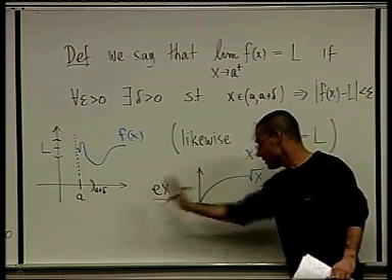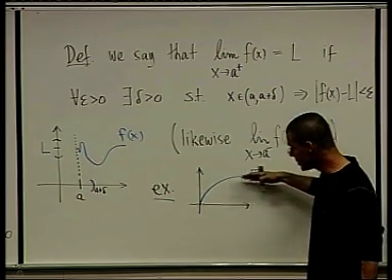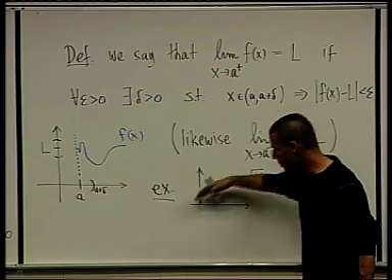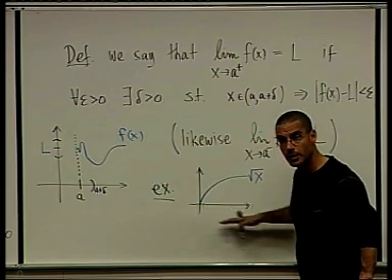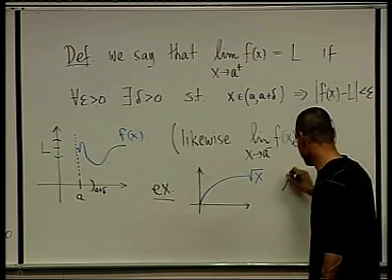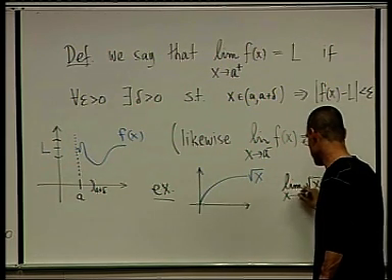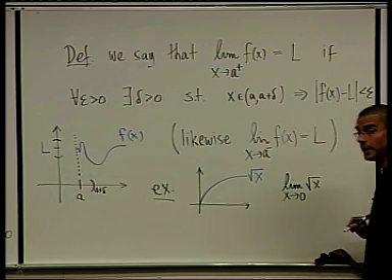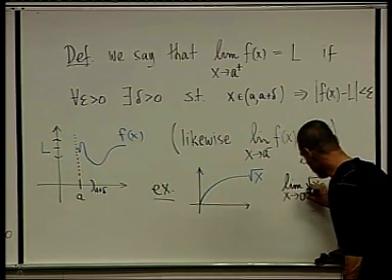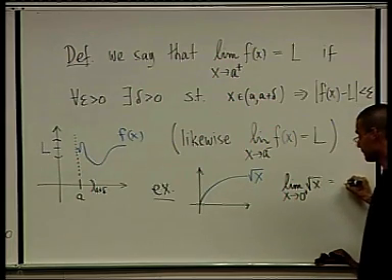It's not defined in the negative numbers. But we can talk about the limit of this function as we approach 0 from the right. Do you agree? So the limit of root x as x approaches 0 is not defined, but as x approaches 0 plus it is defined, and what is it?